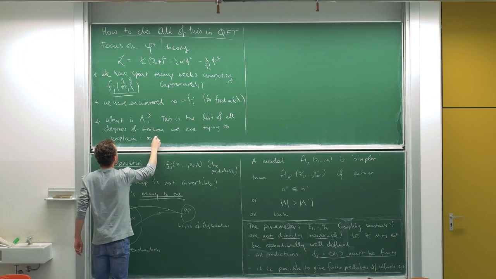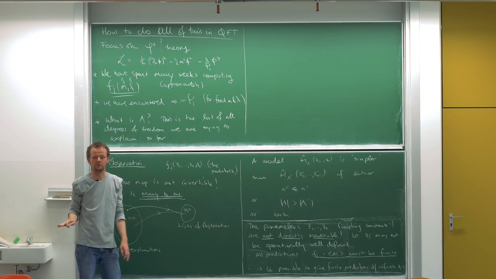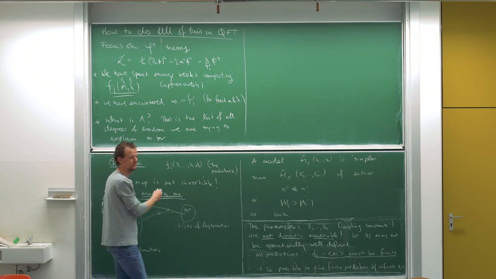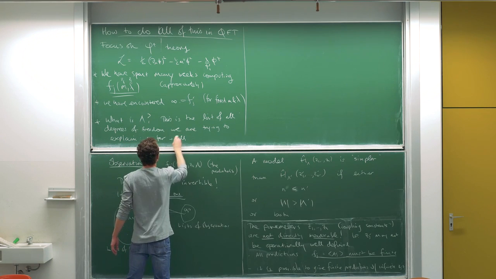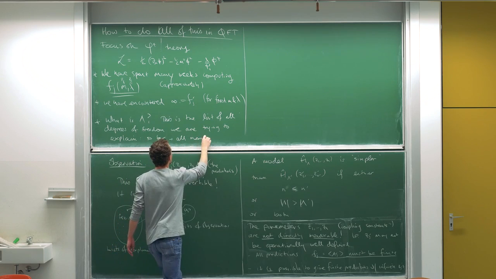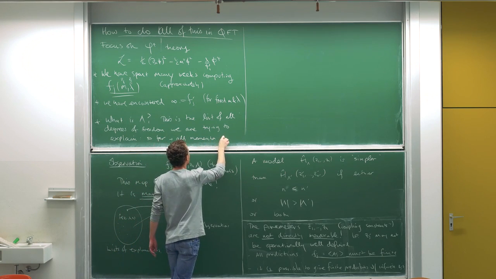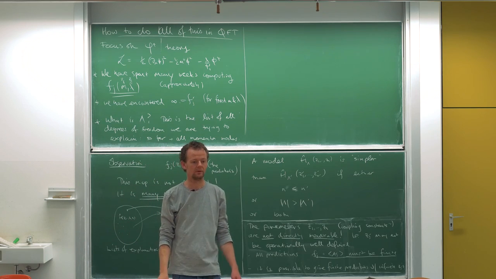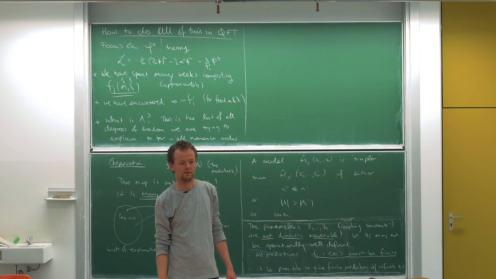And so far, with some exceptions, when I told you we have a cutoff, so far that's just been all momentum modes. Question: did we ever have a value for small lambda?